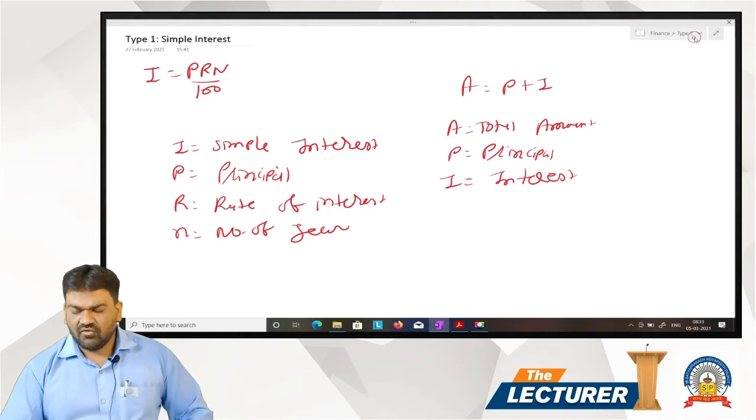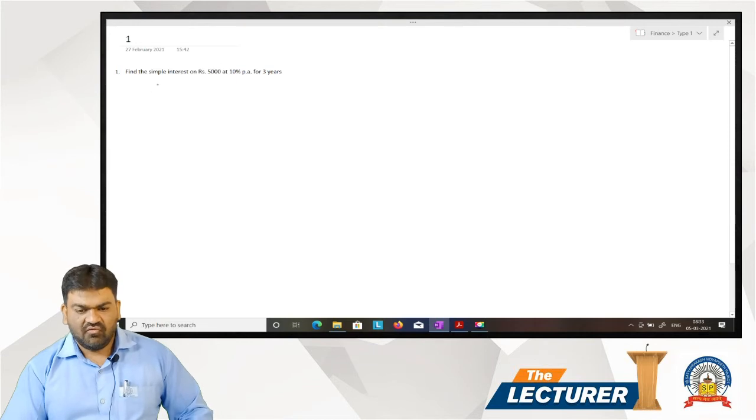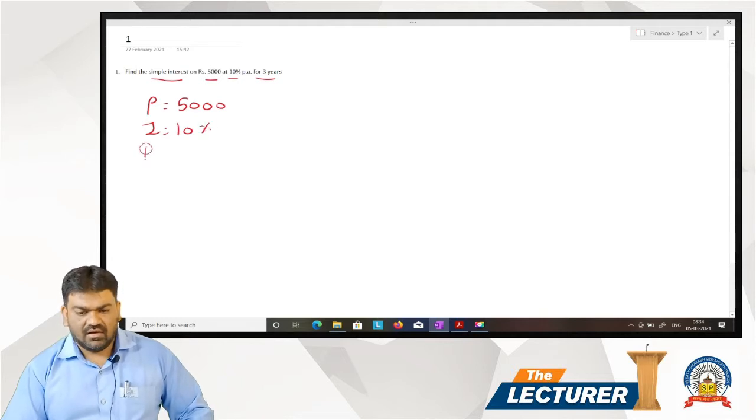Let's see first example. Example number 1. Find simple interest of rupees 5,000 at 10% per annum for 3 years. So P, that is our principal, 5,000. R, that is rate of interest, that is 10%.